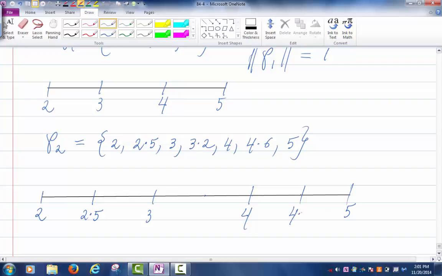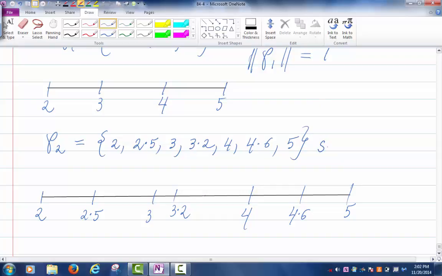This is 4.6, let's say. Let's say this is 3.2. Okay, so I get the partition points 2, 2.5, 3, 3.2, 4, 4.6, and 5, right? Okay, can someone tell me what's the size of this partition?